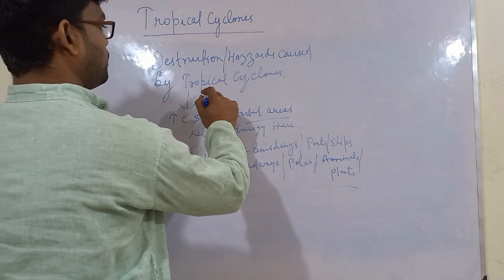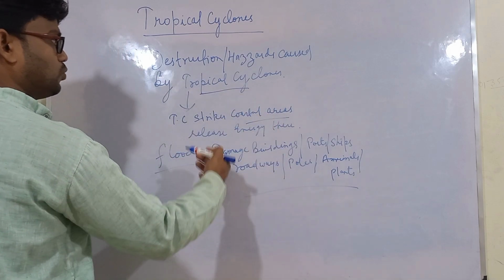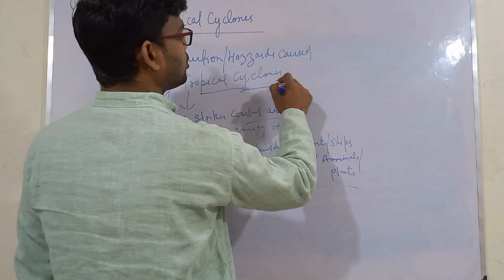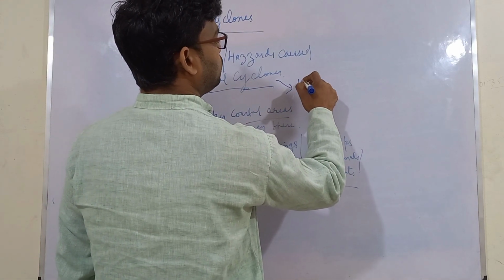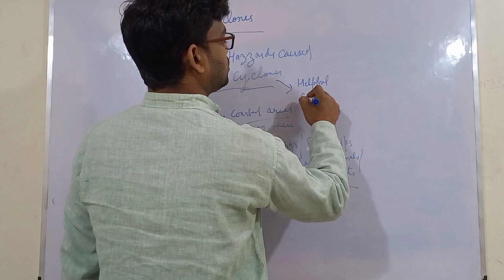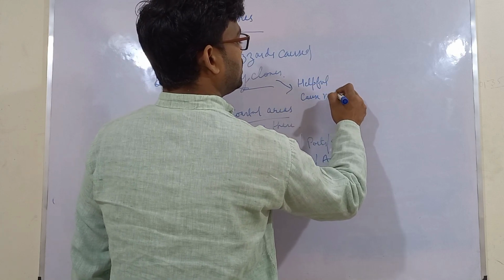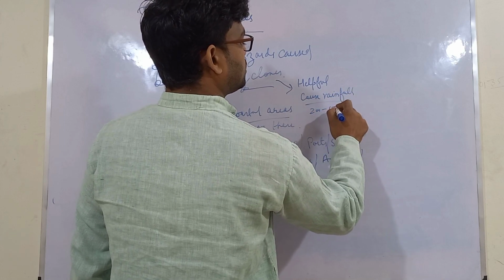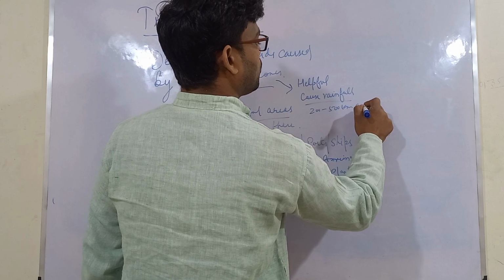Along with this, ignore the idea that these tropical cyclones only cause destruction. These tropical cyclones are also helpful, as they cause rainfall 200 to 500 kilometers away from the coast.